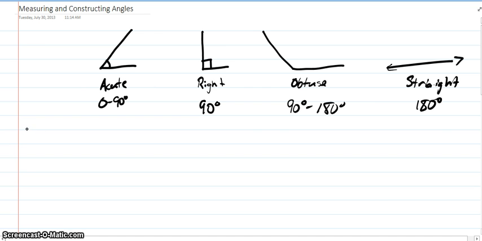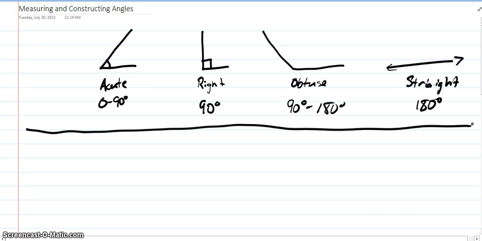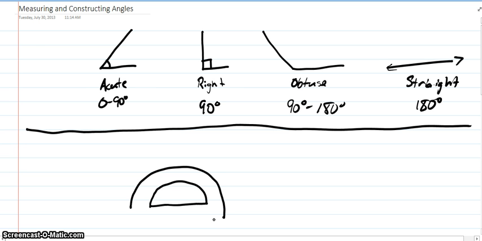And that can come in handy when using a protractor, because if you look at a protractor, which, if you don't know what a protractor is, looks something like this, there are angle markings all the way around the outside.